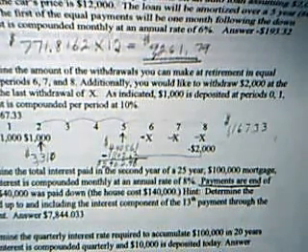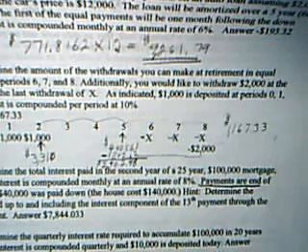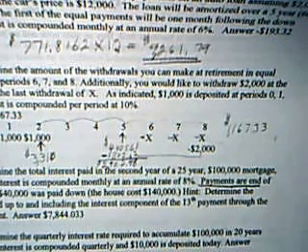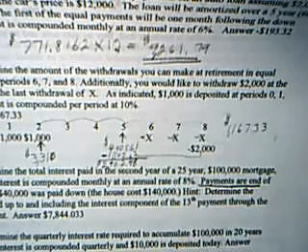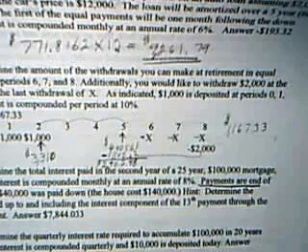Enter $100,000 as PV, 0 as FV. 0 is FV because we're going to have a zero balance immediately following the last payment.